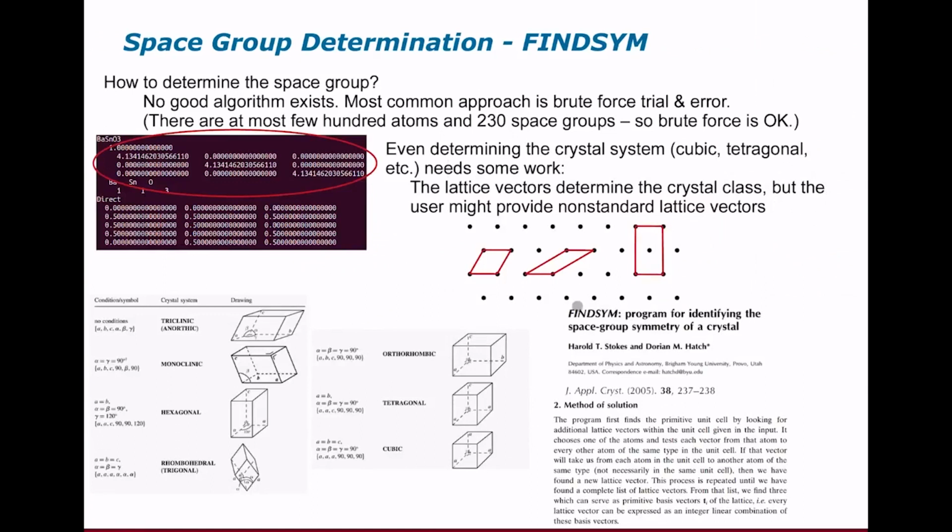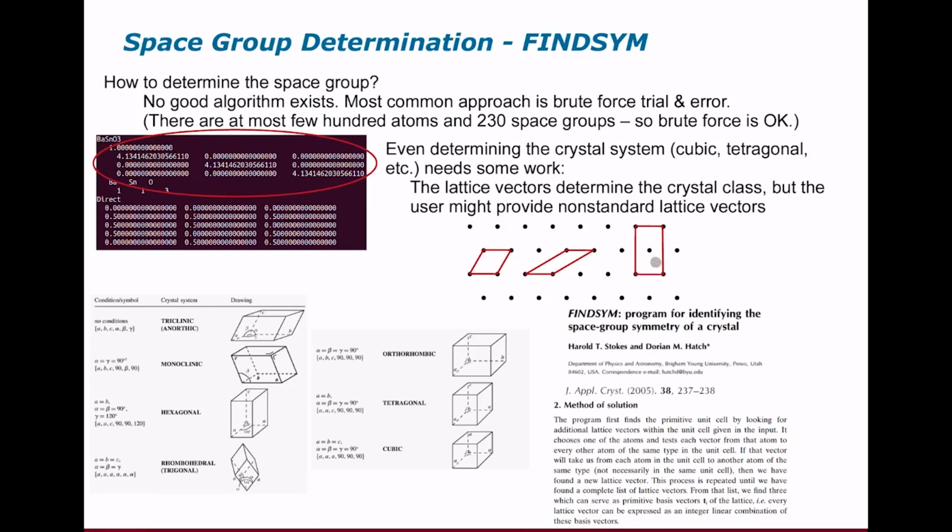The structure you put in the VASP POSCAR file is not unique, in the sense that these lattice vectors, for example, clearly form a cube, right? The first one is along X, the second one is along Y, the third one is along Z, and they are all normal to each other. But I could have chosen a different set of lattice vectors to describe this exact same crystal structure.